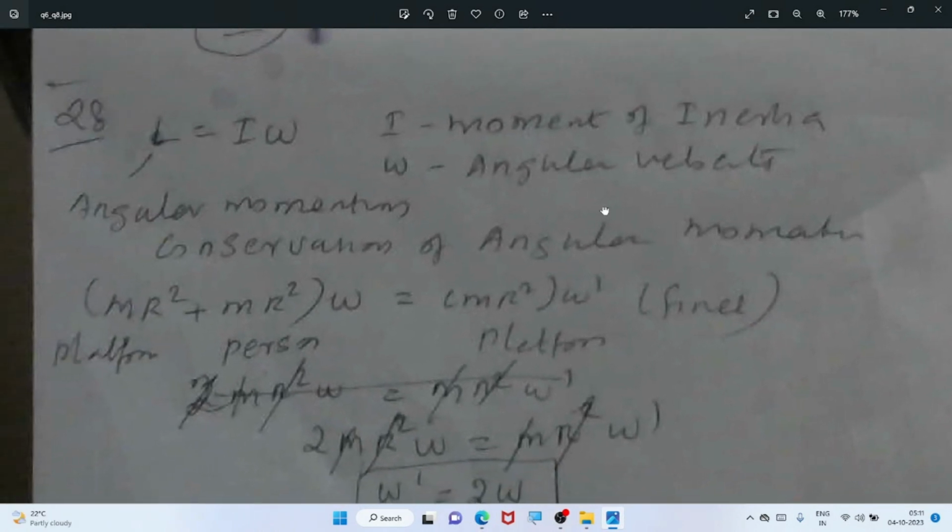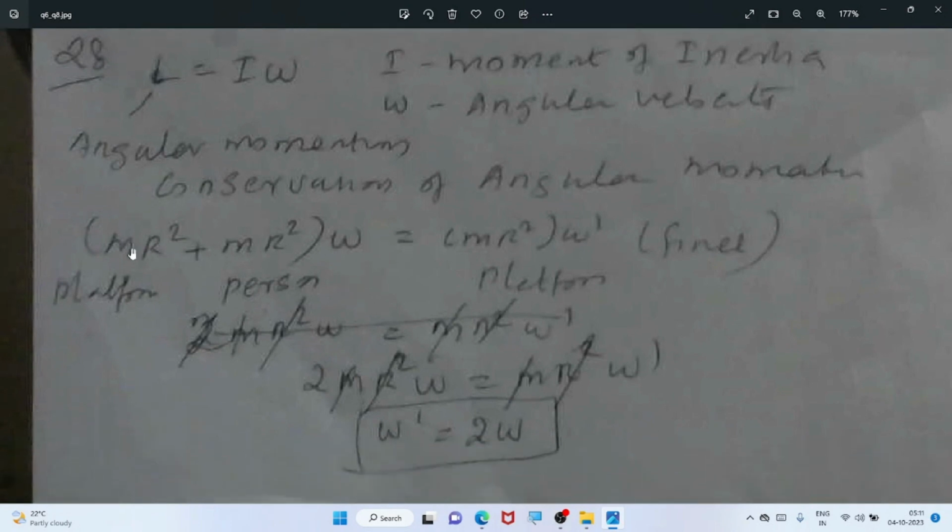Initially, for the platform and the person, there is the moment of inertia and the angular velocity. After the person jumps off, only the platform has angular momentum, so these two are equal.